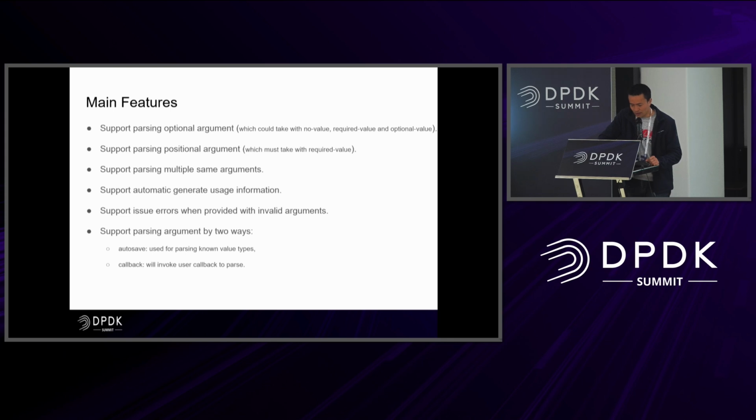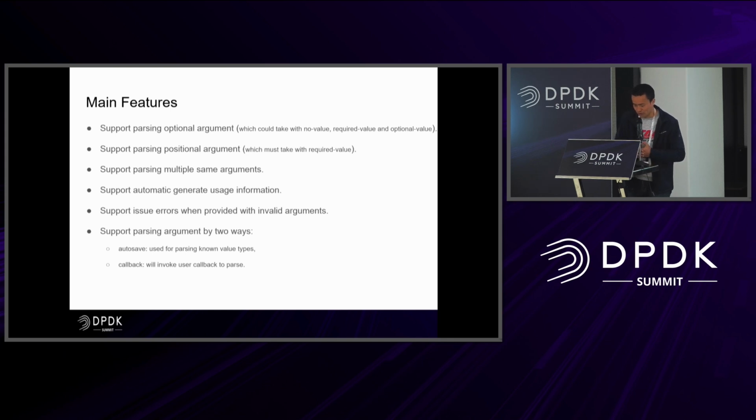It also supports parsing positional arguments, and parsing multi-times arguments, for example the allowed list and the block list, where there can be many block lists and many allowed lists. It also supports automatically generating usage information, and it issues errors when provided with invalid arguments.